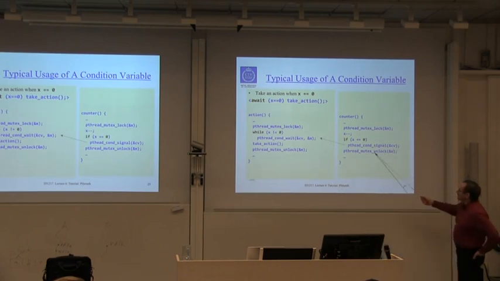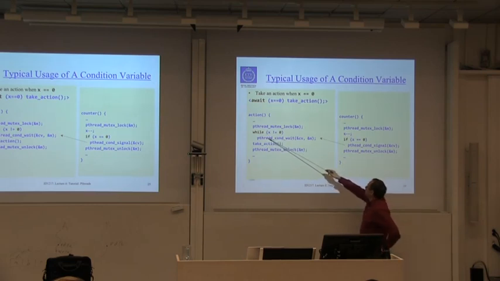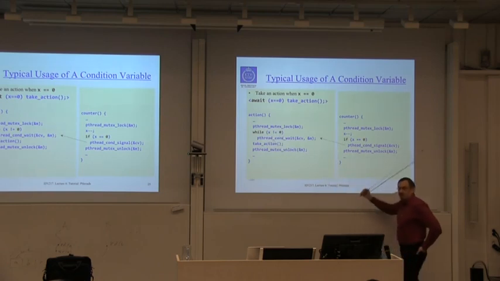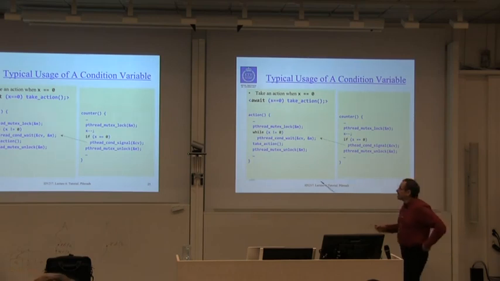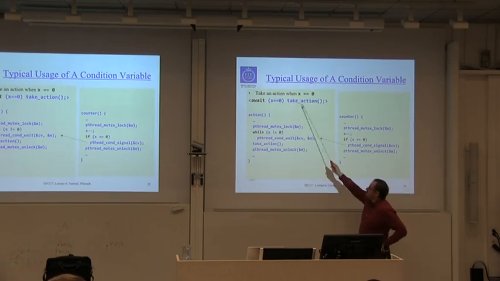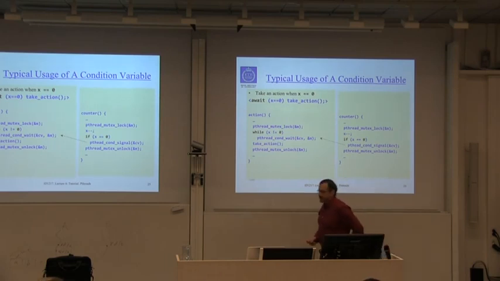And then this thread calls unlock. Now wait will return, and to be sure that x is still 0, it should iterate once more to check, because some other thread might grab the lock before and change x to something else. Then it takes action according to the semantics of this await, and then it should unlock the lock. That's typical usage.